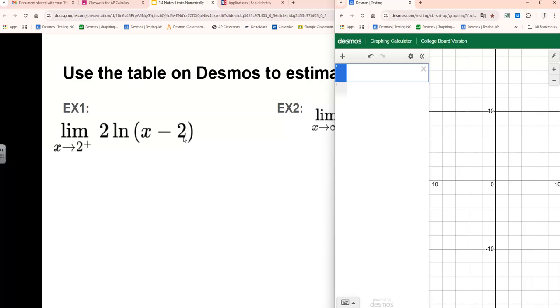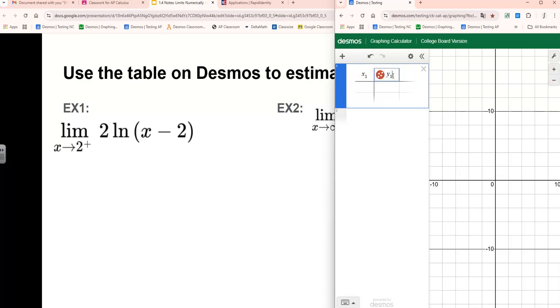Desmos will graph this pretty well for us, but I would like for us to look at it with the table, just because that's the part of this that we're focusing on right now. The questions that you get for this are usually going to look more like example 3 and example 4, where they give you a table and you have to make assumptions from that. So if I want a table for this, then we'll look at the graph after we're done.